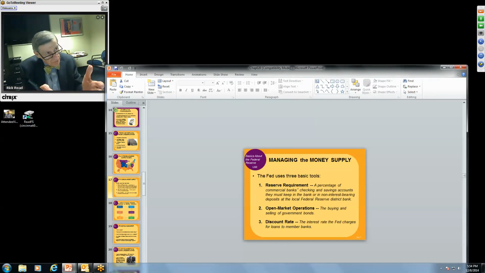Notice it says a percentage. The percentage has been 10%. There's been some talk, and I don't know where it is today, that the Federal Reserve wants to raise the reserve requirement. I don't remember to what level. I've heard 20%, but I'm not sure that's accurate.